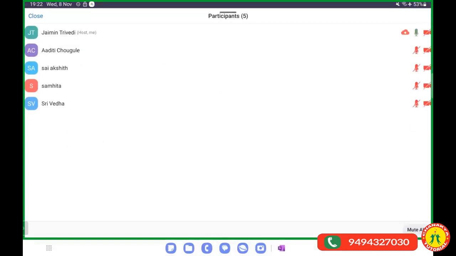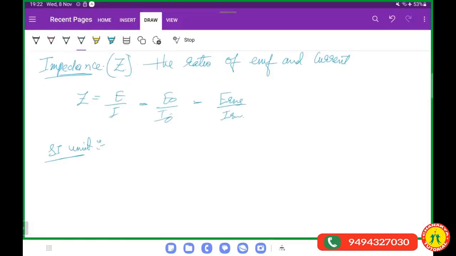Samhita? Akshit? Any guesses? See, just recall what I said. Ohms. Yes, it should be ohms because it is the resistance offered by capacitance or inductor. So it is also ohm.